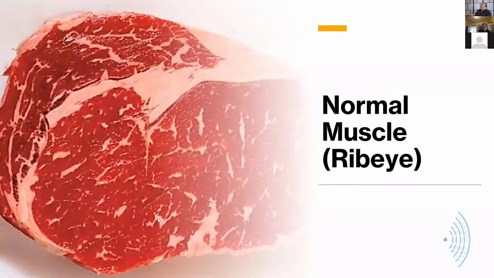And this is a ribeye steak. It is a fairly normal grade ribeye steak, and you can see around the ribeye an endomysium, and we have little areas within the steak slice that's called a fibroadipose deposit.